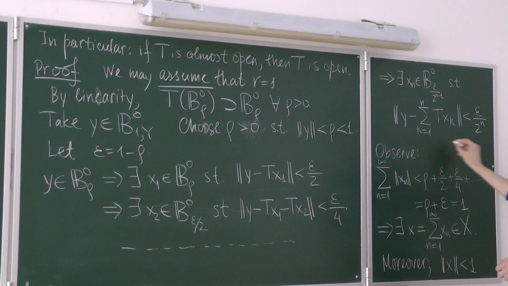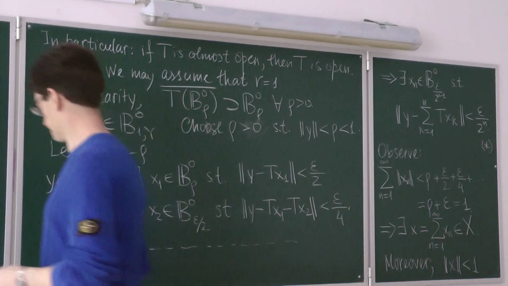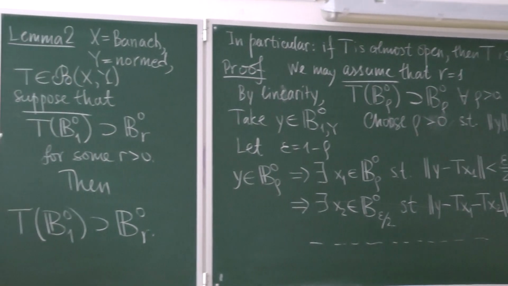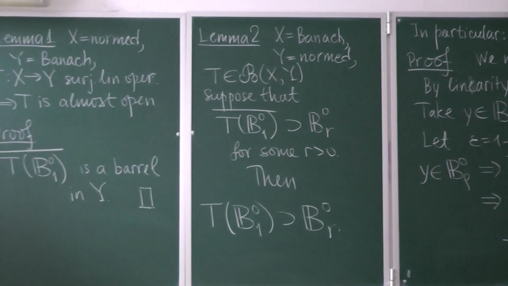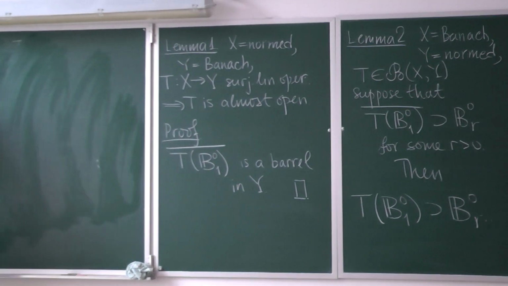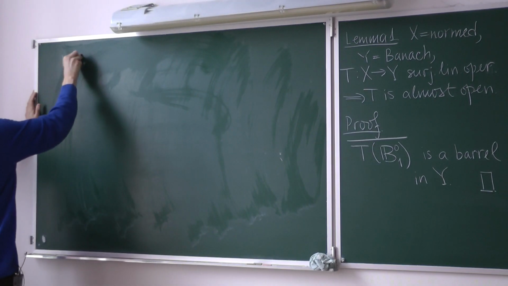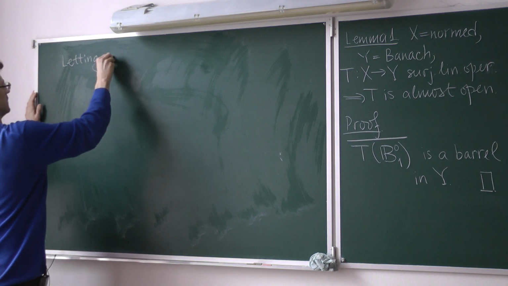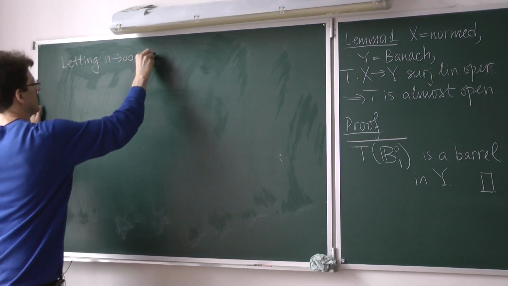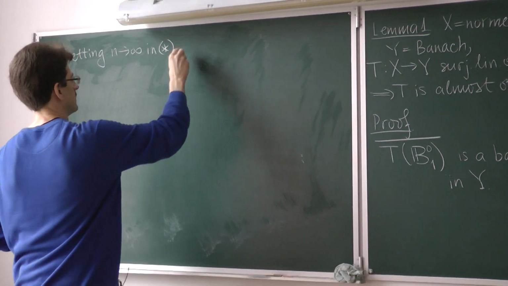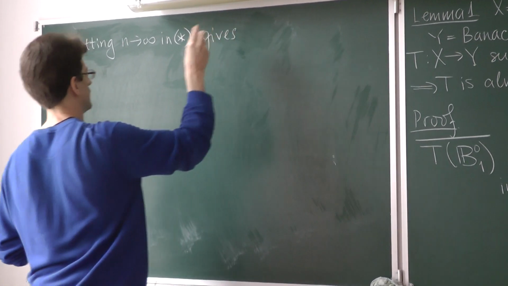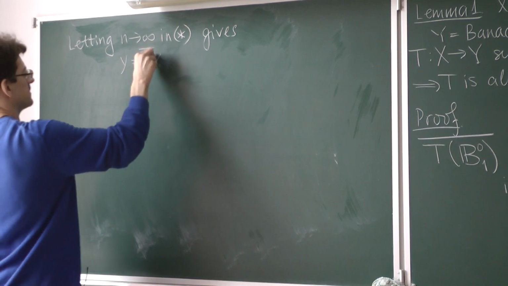Okay, and finally let's look here. So let's denote this inequality by star. If we now let n go to infinity here, then we see that y equals T of x.